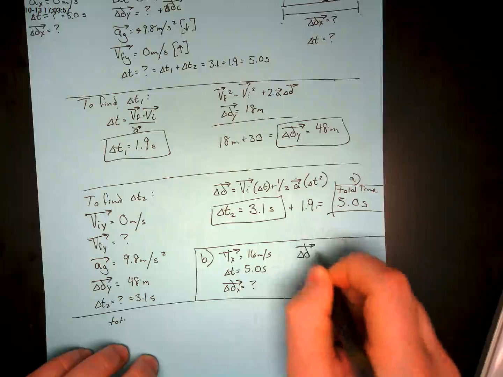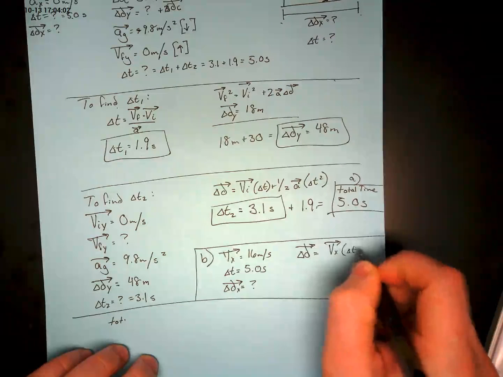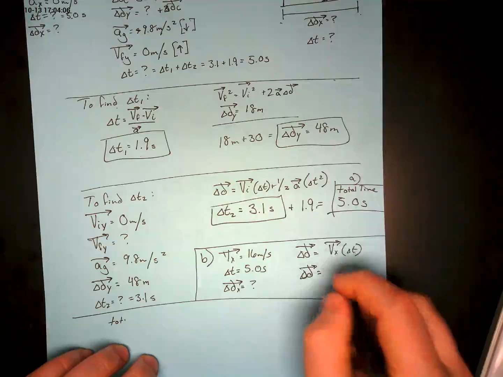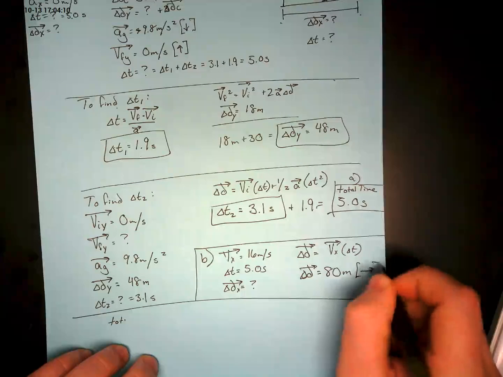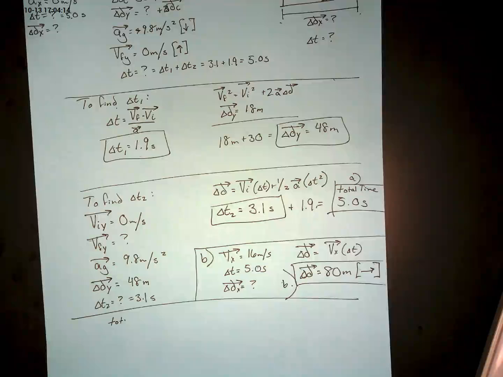We've done this before, so that's going to be velocity times time. And what we should find is that D is now equal to 80 meters, in this direction. There's B, 80 meters, because that's just 16 times 5.